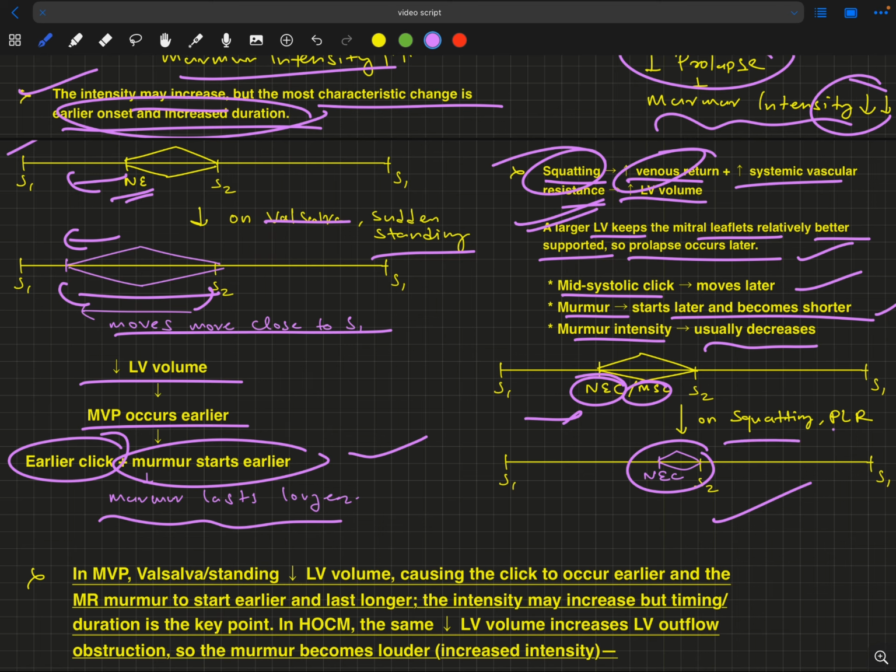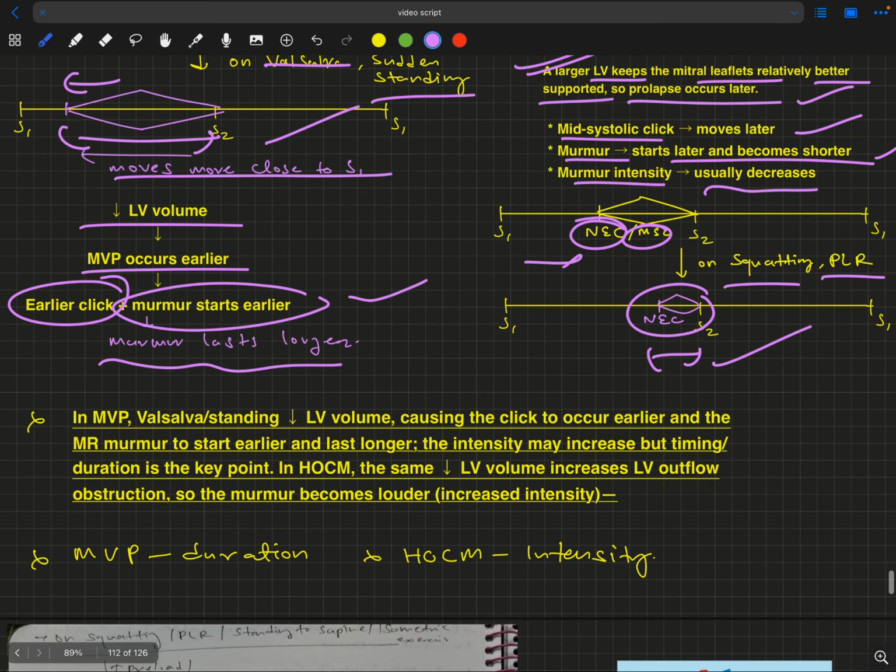So on squatting or passive leg raise, the murmur duration is shortened. On the other hand, on Valsalva or standing, the mitral valve prolapse murmur duration is prolonged. So in mitral valve prolapse on Valsalva or standing, there will be a decrease in left ventricular volume, causing the click to occur earlier, and the MR murmur to start earlier and last longer.